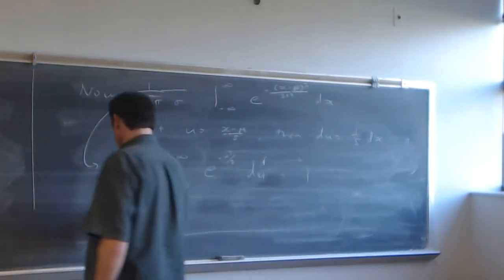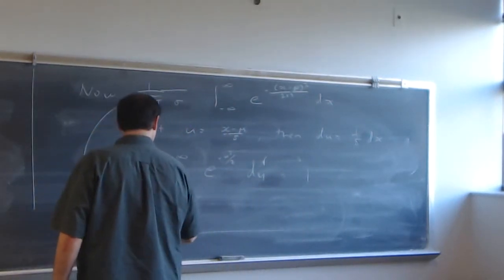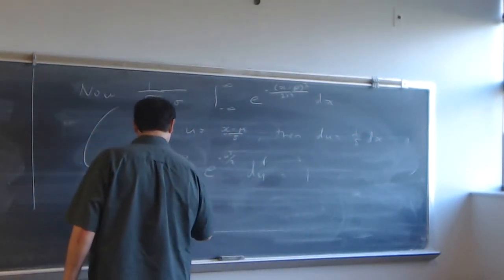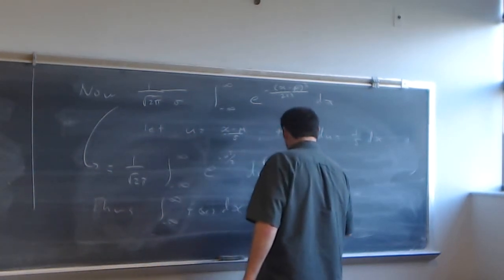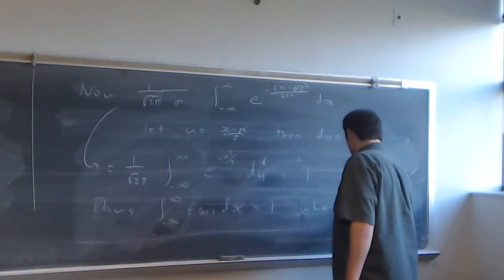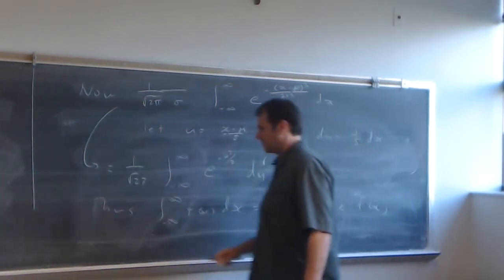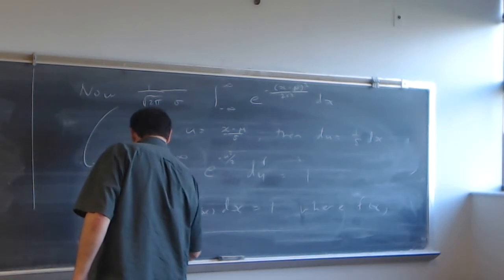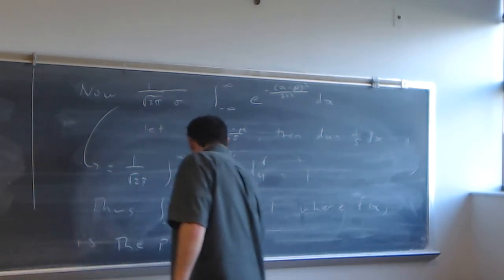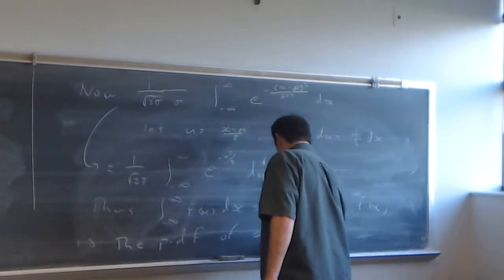Thus, the integral from minus infinity to infinity of f of x dx is equal to 1, where f of x is the PDF of a normally distributed random variable.